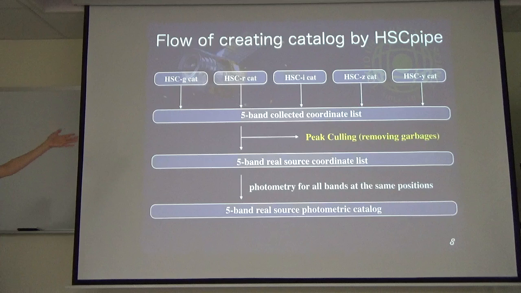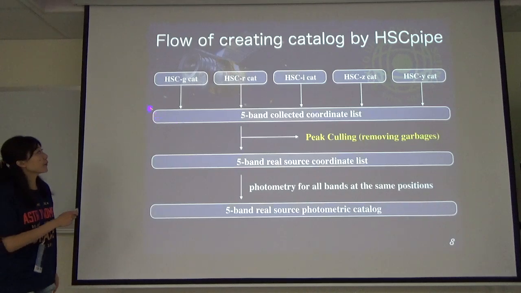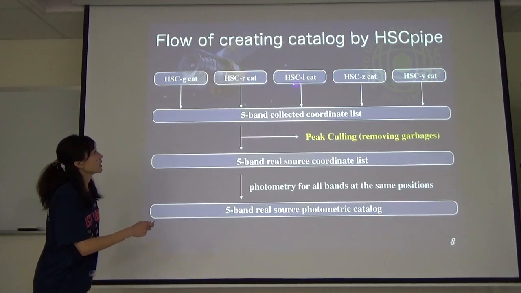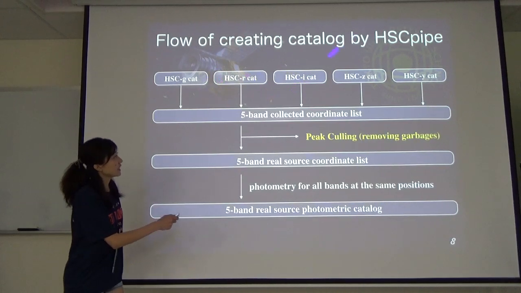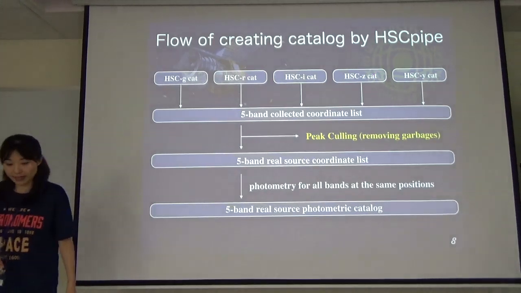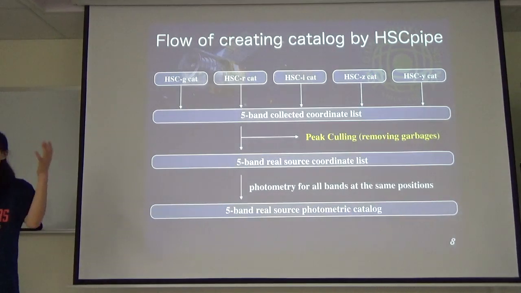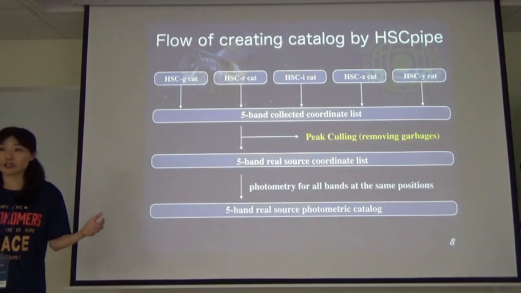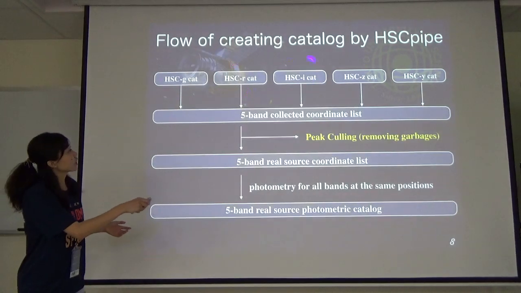So this is the regular flow chart of the data analysis by the HSC pipeline. The HSC pipeline makes catalogs in each band, and then collects the position information from each catalog.